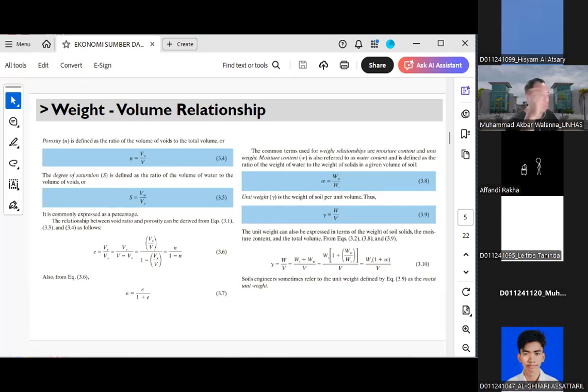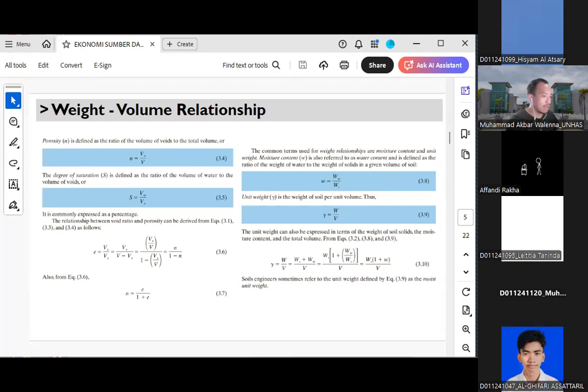But in the context of soil mechanics, when estimating the moisture content of soil, we should not take into account the weight of the water in the denominator anymore. It is just the weight of the water divided by the weight of solids.